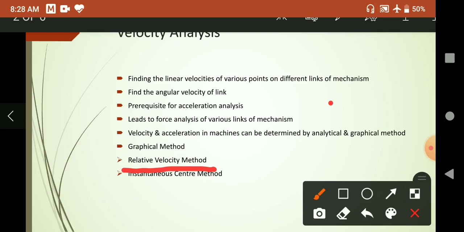But for the relative velocity method, we assume that the links in a mechanism always undergo a rotational motion about a point on the link. That is the assumption based on which we follow the relative velocity method.